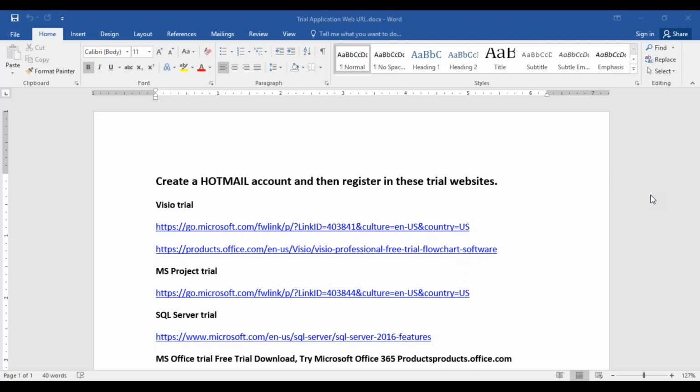Within the blog training materials, you have the path. I have given a diagrammatic representation of how you can navigate to the training materials. In the training materials folder, you have the study material and the trial application web URL file. It's a Word file. Download that file.